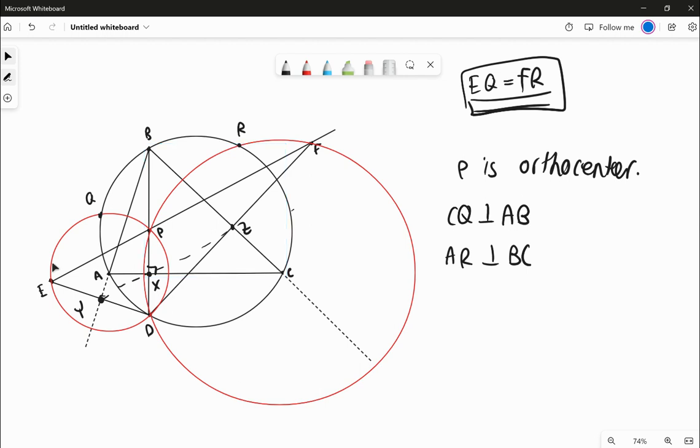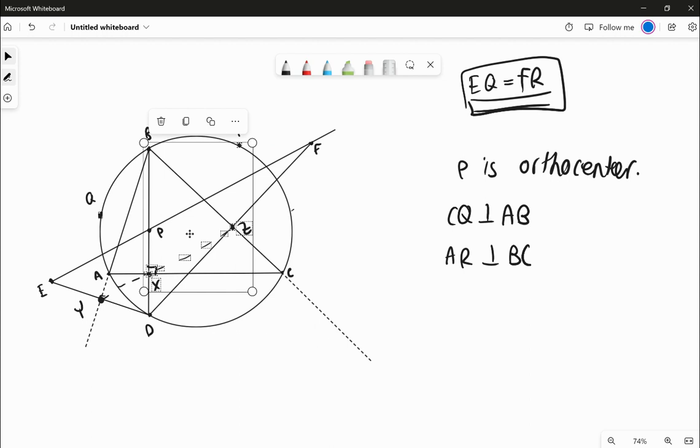And we wish to prove that EQ is equal to FR. We're given a lot of information now, and we've essentially gotten rid of the circumcircles, so we can go ahead and remove those. And Q is a point such that CQ is perpendicular to AB, as over here, and similarly for R. And we wish to prove that EQ is equal to FR.